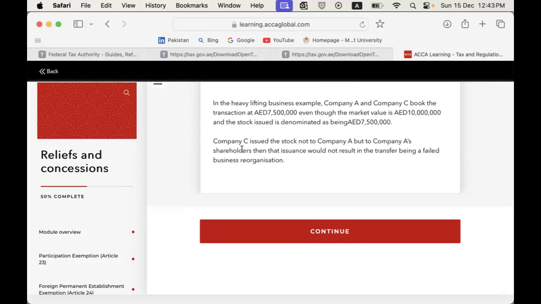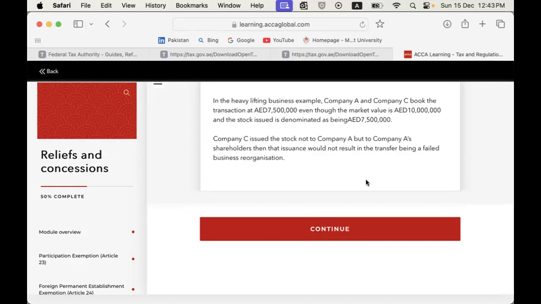So, it can happen directly to the shareholders rather than the company. Okay, so the economic substance of the transaction stays intact. Business restructuring relief still qualifies.